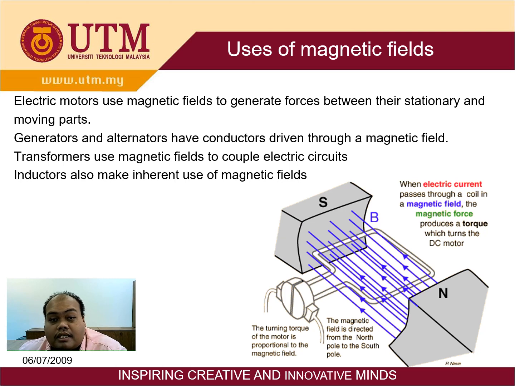This is basically a DC motor, a direct current motor, which is quite a commonly used motor. As I said before, the magnetic field B is from north to south. That's why the direction of B, which you can see in blue, is from north to south.